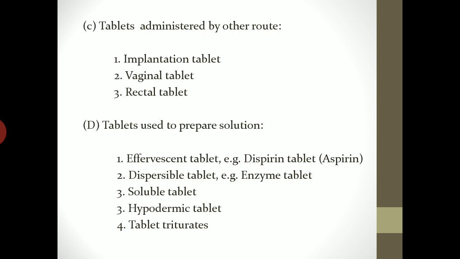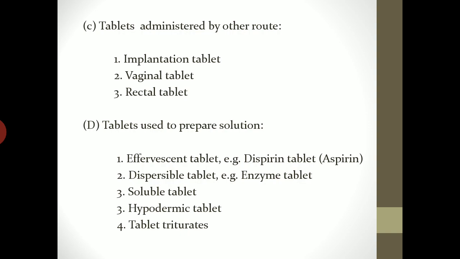Next category of tablets is the tablets administered by other routes, and first in this is implantable tablet. Implantable tablet, as the name suggests, will be implanted below the dermis. So for the administration of this tablet, a surgeon is needed.